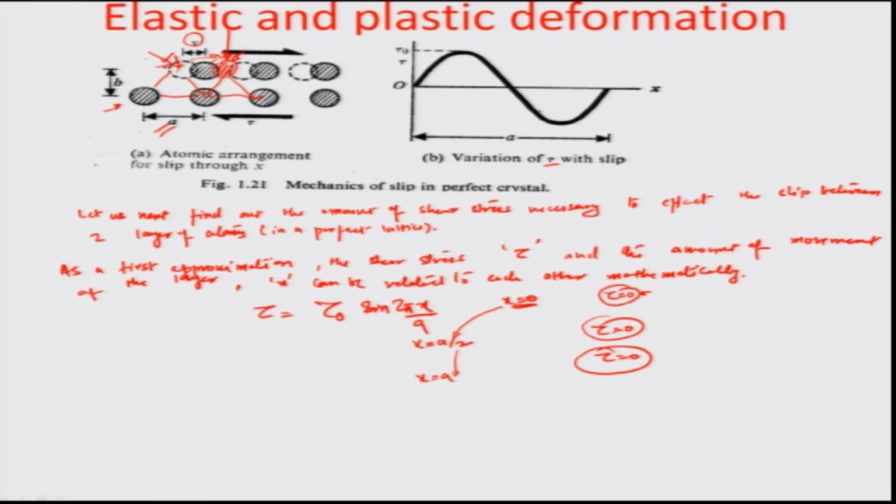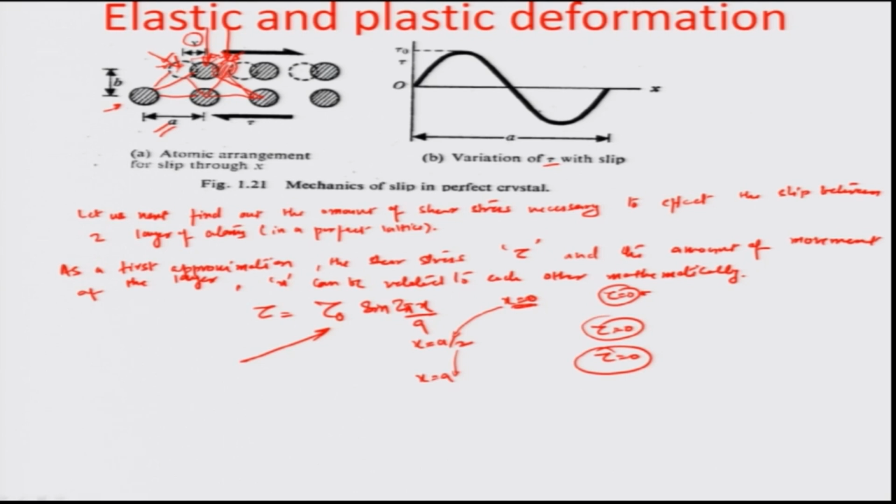In between there is a condition shown here by the solid line, where the forces between these two atomic systems would be equal to 0, and it will also be in equilibrium. So, at a by 2 also there is going to be a net stress given out by the crystal which is equal to 0.